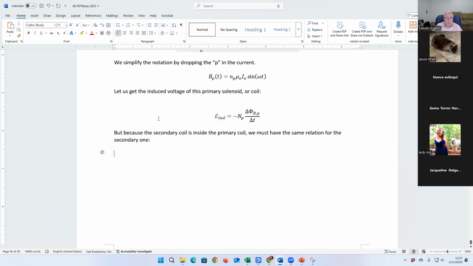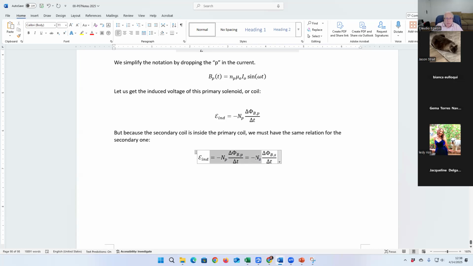The V induced is also going to be given by the same equation, but now with the subscript exchanged by the secondary coil. The electromotive force is going to be the same for the two coils.